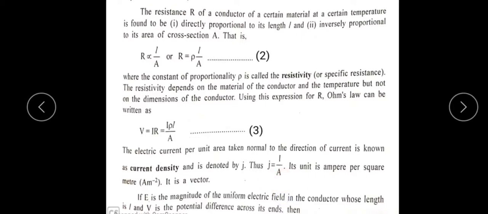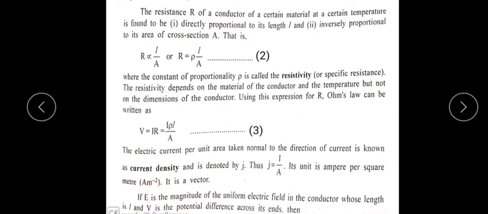Its SI unit is ampere per square meter, and current density is a vector quantity.